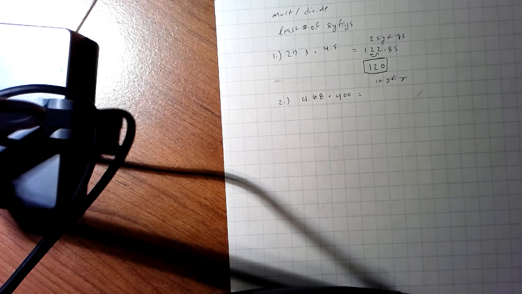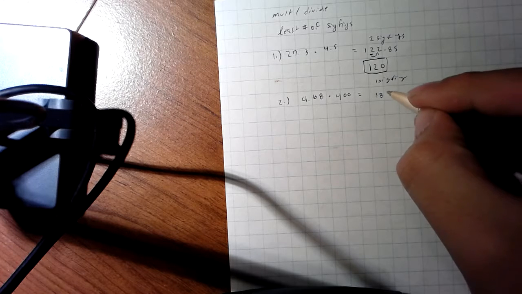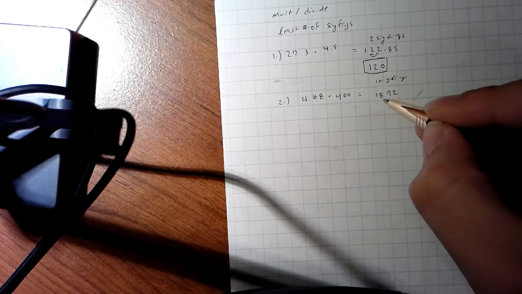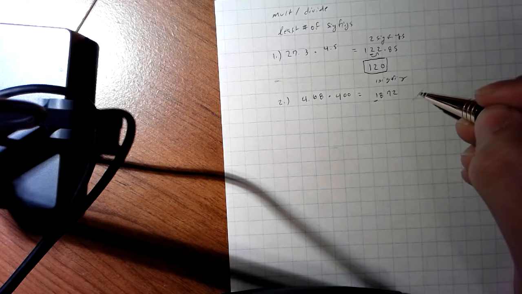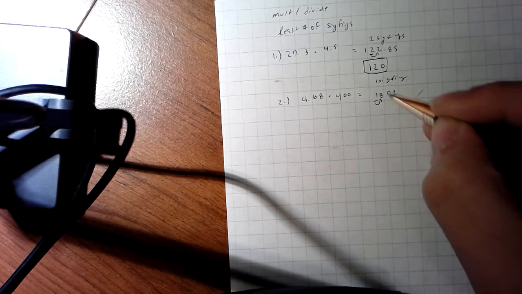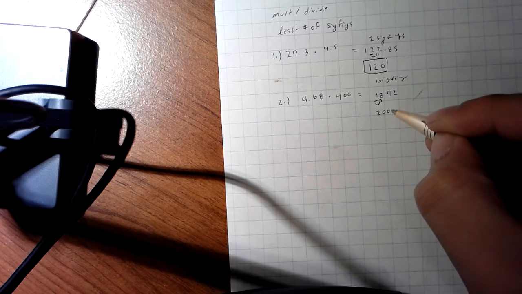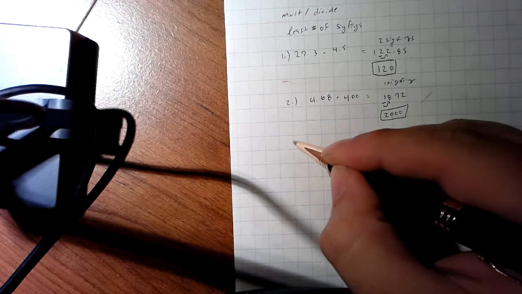So let's multiply 4.68 times 400. That gives me, and I'll write down the whole number, 1,872. We need to round it to 1 sig fig. You look at the first sig fig, underline it, look at the neighbor, he's going to bump it up, so we get 2,000. Again, that's only 1 sig fig.